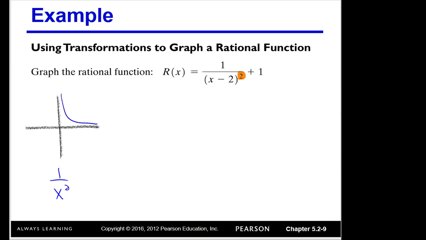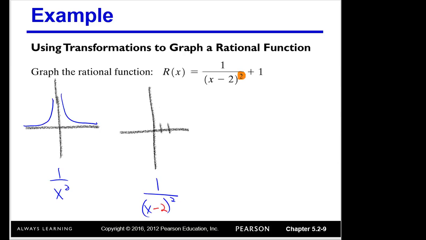Which would be this. And then you would say, okay, well now I've got that 1 over x squared, but I'm going to bring in this minus 2. So that means it is going to shift 2 to the right. So it's going to go 1, 2.